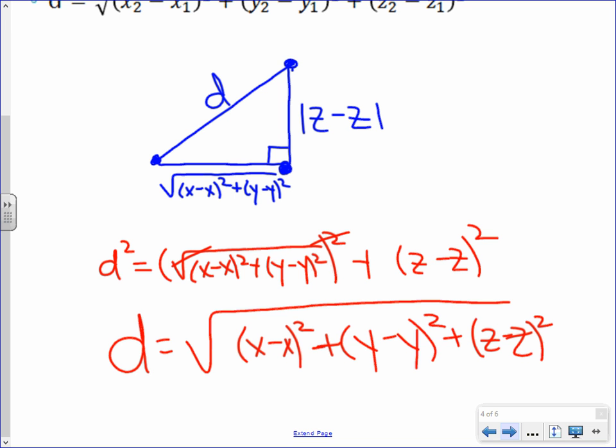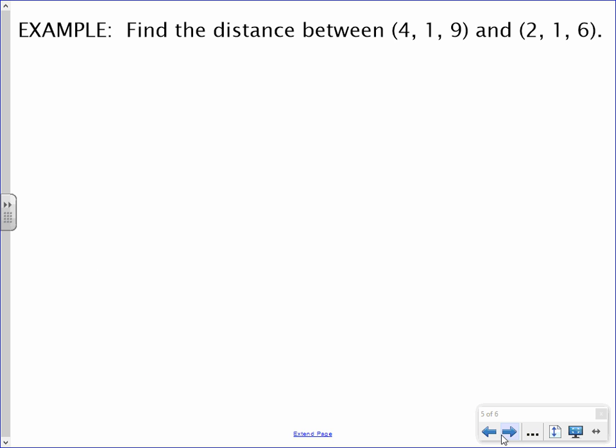If that first point is in the XY plane, these could be anywhere though. Both could be above the XY plane. All I want you to picture is that these two points lie in the same plane, so we can put a piece of paper there. All right, let's do an example.